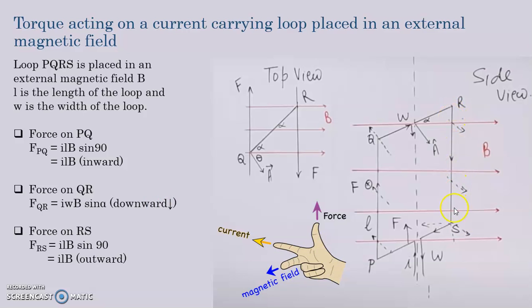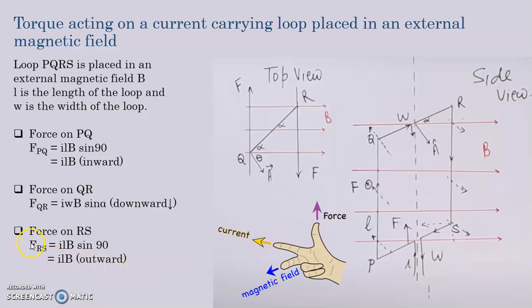Similarly, let us find force on RS part of the coil. The direction of this force on RS is given by right hand rule. Using the same right hand rule, we can obtain the direction of force acting on RS as outward direction.